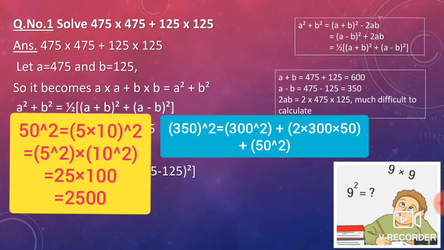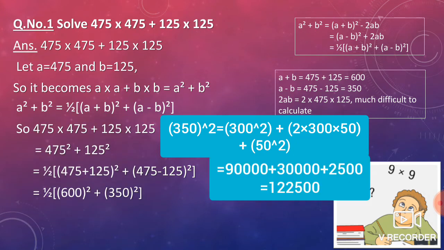Then 50 square is, in the same way, 5 square into 10 square, so 2500. Then we can add all of these.